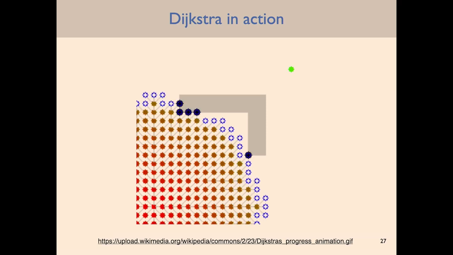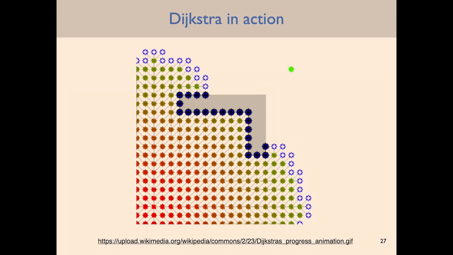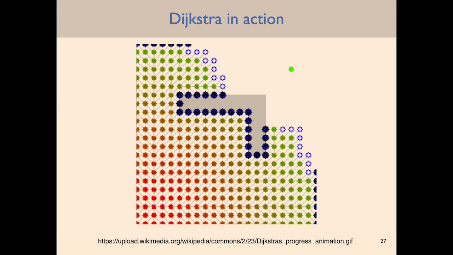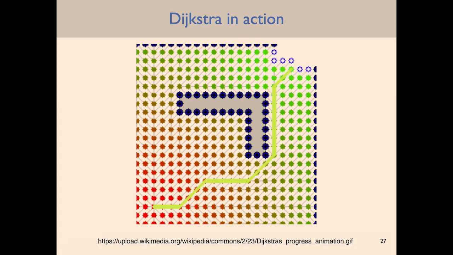At the end, it finds what looks like an optimal path. But it's still a little bit slow, right? So it's not super efficient, and we'll talk about that. So this is the optimal path that's found at the very end.